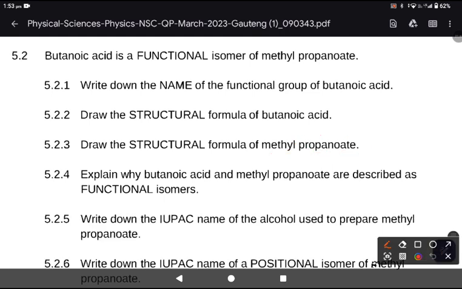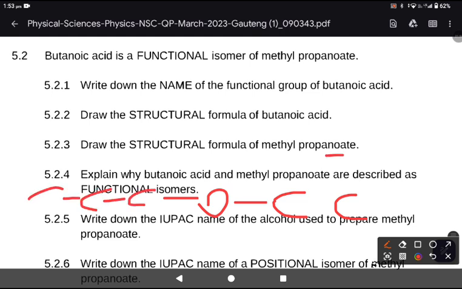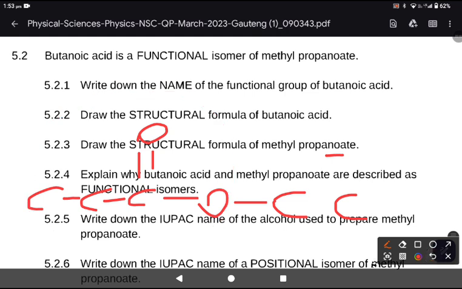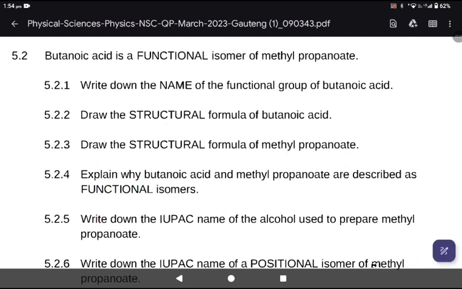That means I have to start with 1, 2, since they are together, and then put the oxygen. Then since it's propanoate, there are going to be 3 carbons, 1, 2 and 3, and that means I should put my oxygen here, because this is the noate part, right? Then you draw your hydrogens just like that. So that's how you're going to draw that structure.